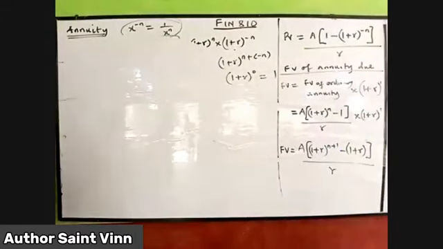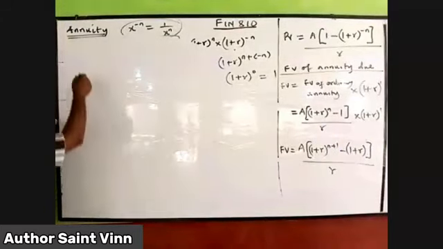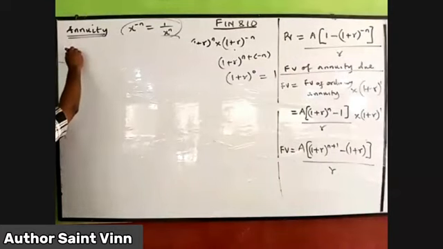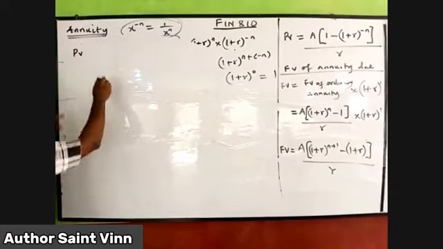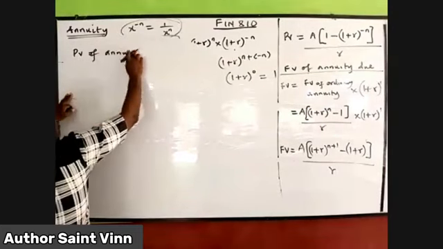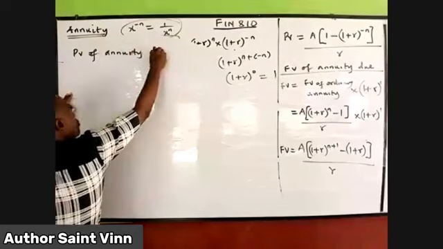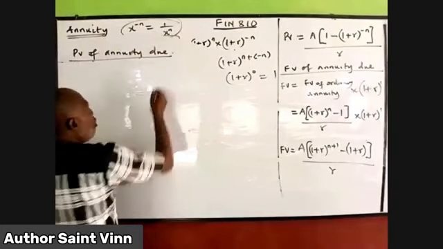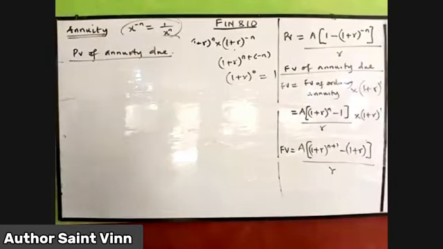Like I was saying, let's take the last one. This one is the present value of annuity due.